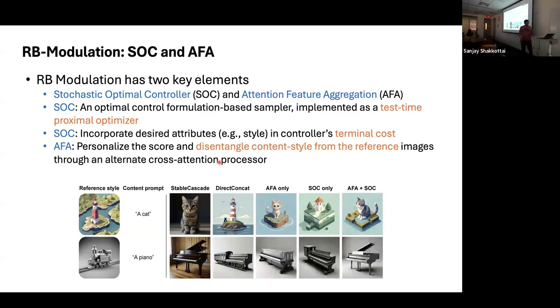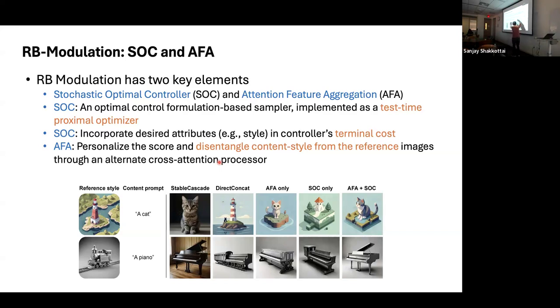In terms of an ablation study, this is useful to see. Suppose I give you this particular style image, with a label, a cat. If you just use the base model, this is what you get. If we did some attention engineering alone, we get this image.